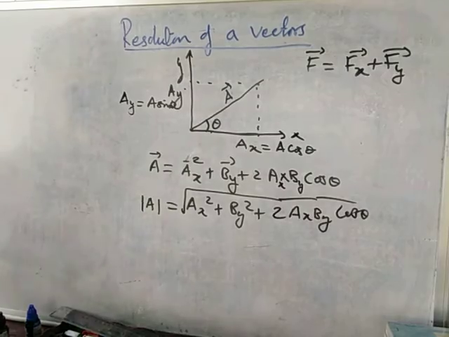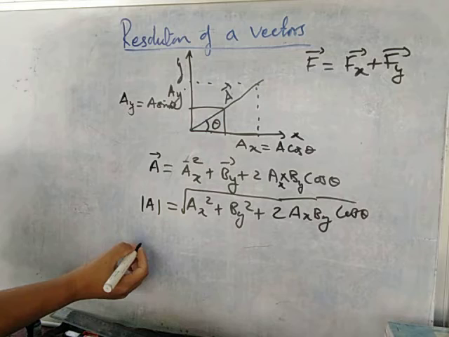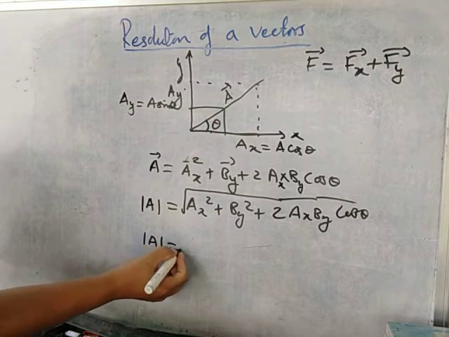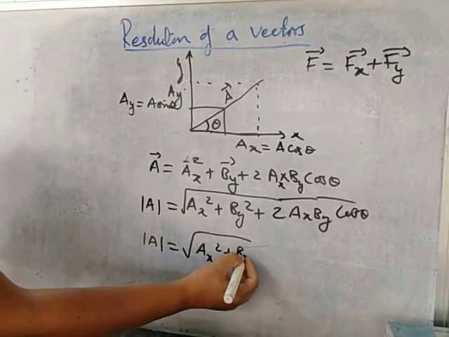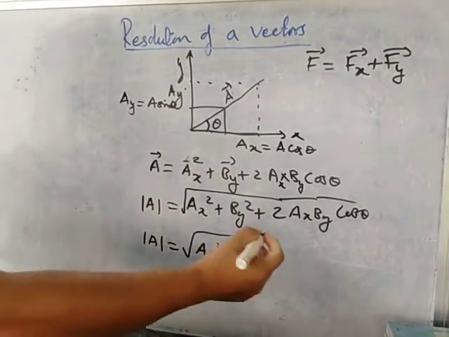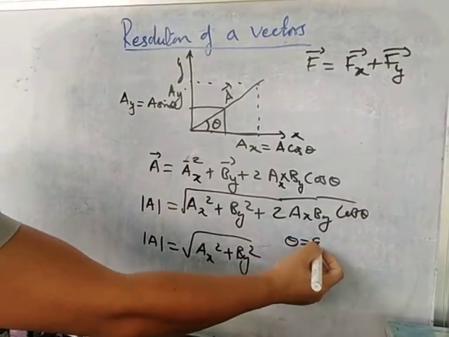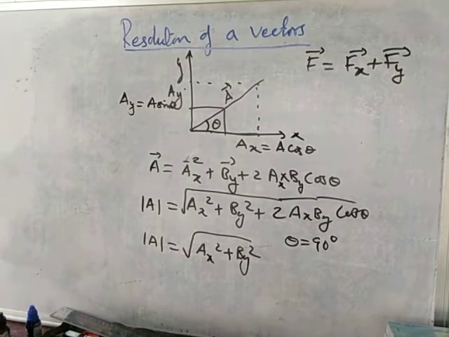So if theta equals 90 degree, then A equals root over Ax square plus Ay square. Clear? If theta equals 90 degree, write down theta equals 90 degree. Understood? Right.